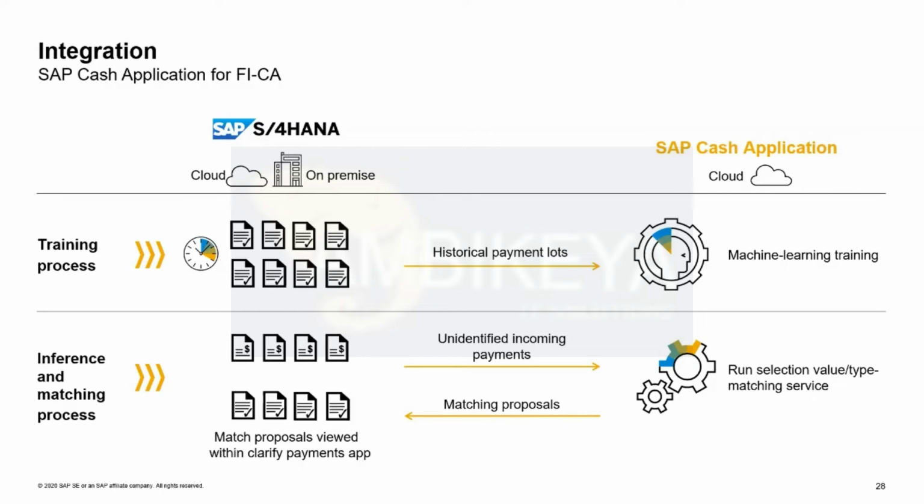But we already delivered first pilot applications for on-premise in 2020. We already delivered the dunning run, so dunning proposal run and dunning activity run, as well as for the payment run, the integration to situations management in this release.